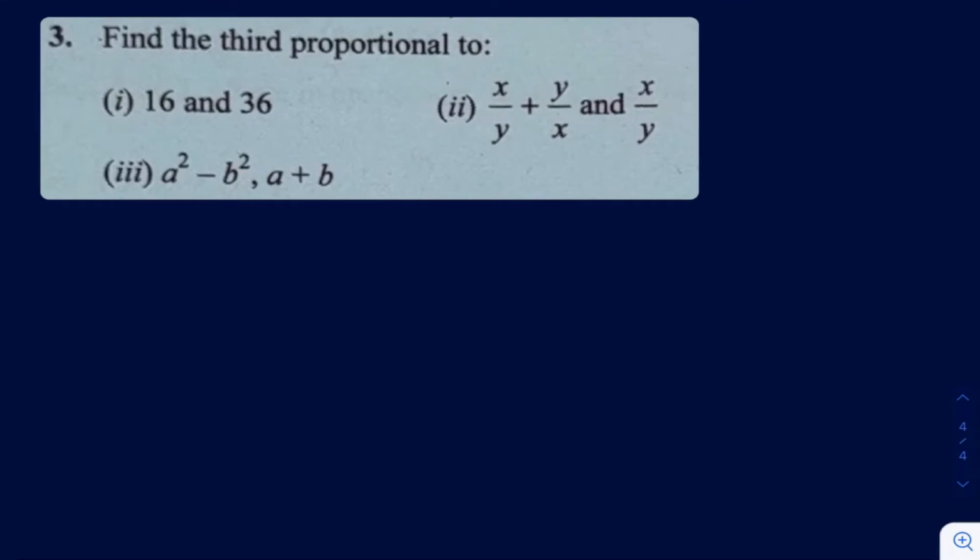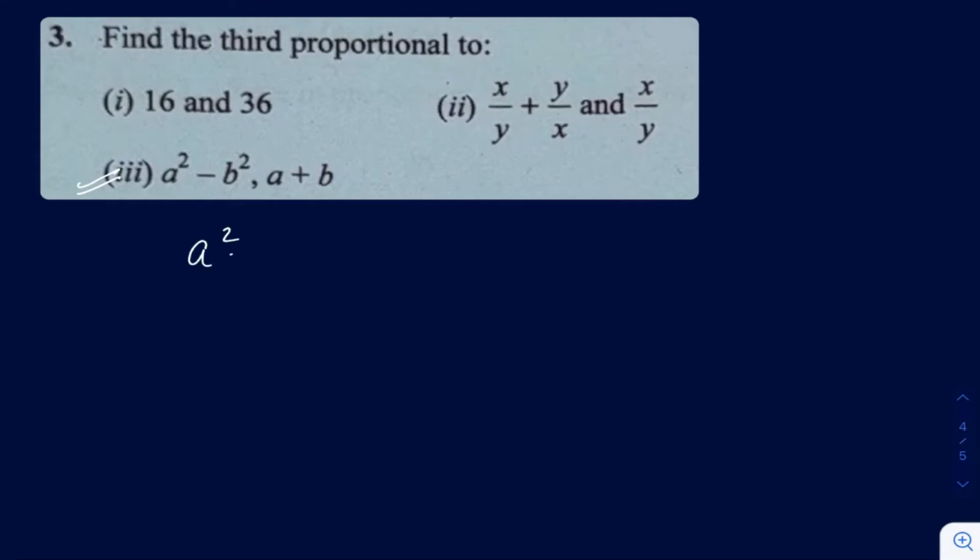Now come to question number 3. Find the third proportion to. In all the three parts we have to find out the third proportion. So it means we have only three numbers. It means they are talking about continuous proportion, because in continuous proportion we take three numbers only. So let's take the third part.